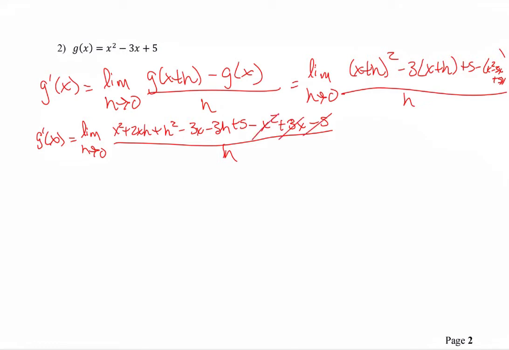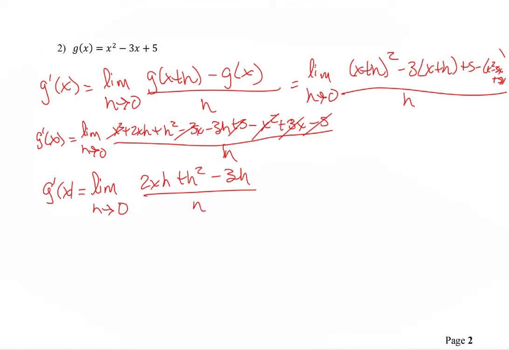Cancel common terms. At this point, everything except terms with an h in it should go away. So if I have a term left that does not have an h in it, then I know I've made a mistake. So now I'm left with 2xh plus h squared minus 3h all over h.